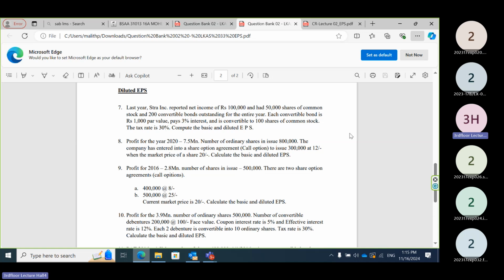So whatever the available bonds, 200 bonds, value 1,000, into 3% interest.